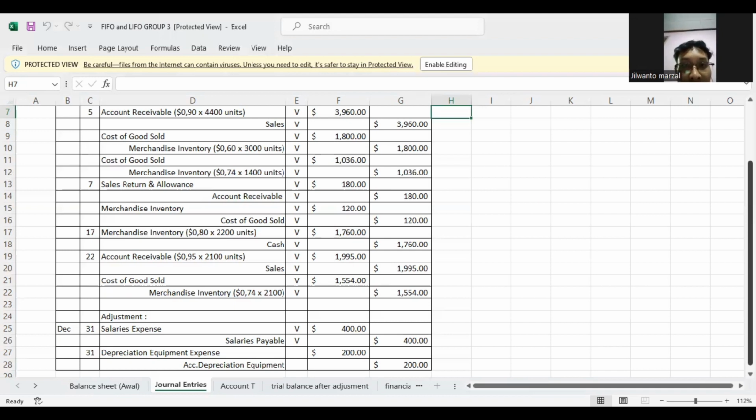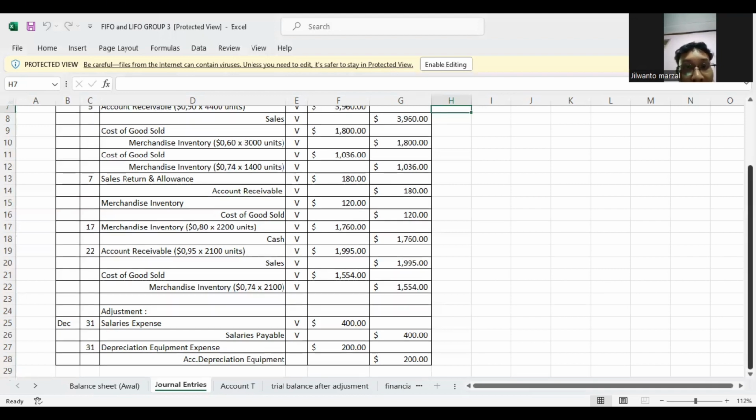Next we journal the cost of goods sold. Cost of goods sold in debit $1,800. Merchandise inventory in credit, $0.60 multiplied by 3,000 units, it is $1,800. And the next one we will journal the $0.74 per unit.